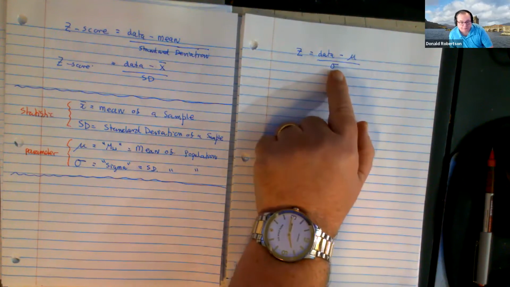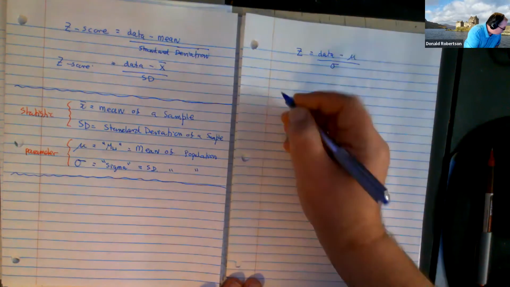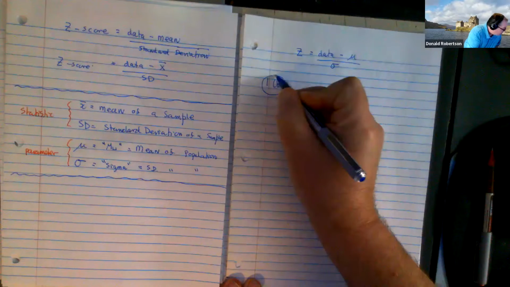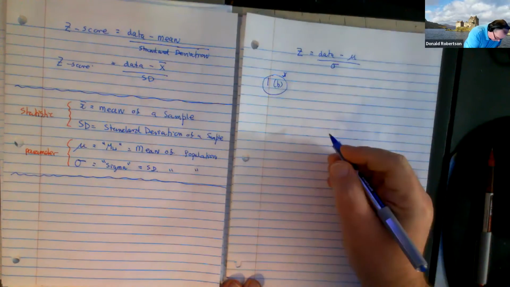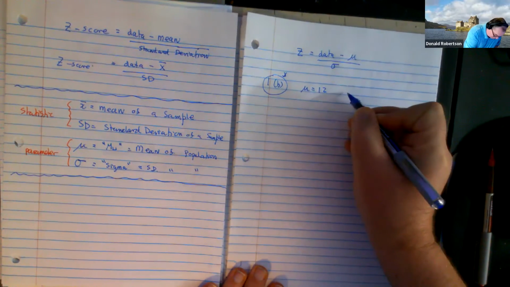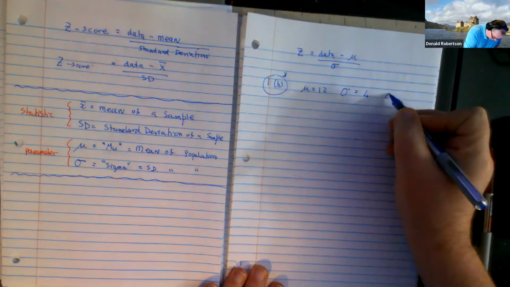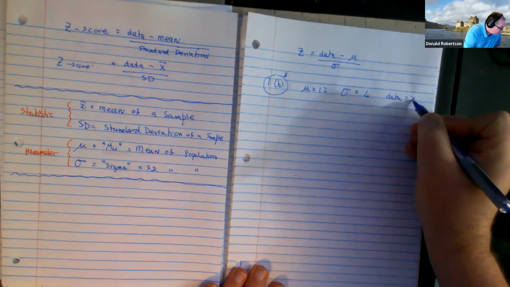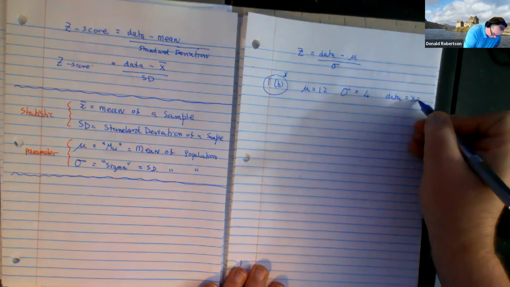In other words, the numbers for the mean and the standard deviation come from a population. So this is an example of question 1B. And we're being asked to calculate the z-score when the mean is 12 and the standard deviation is 4, and the data, which they are just going to call x, is equal to 10.